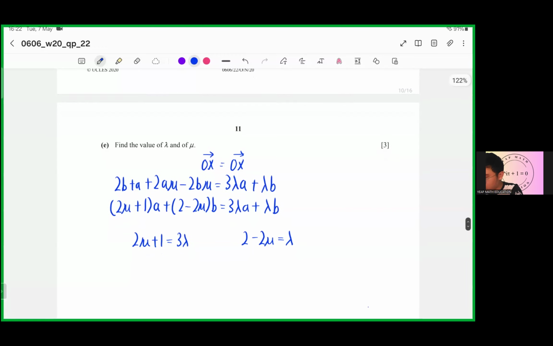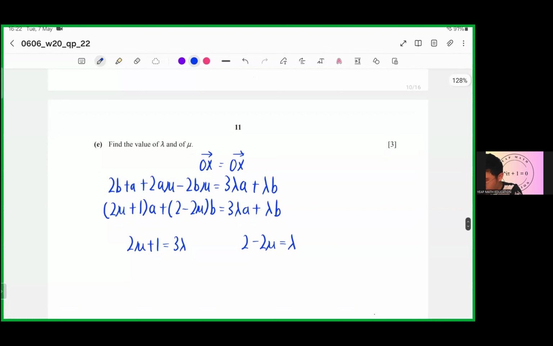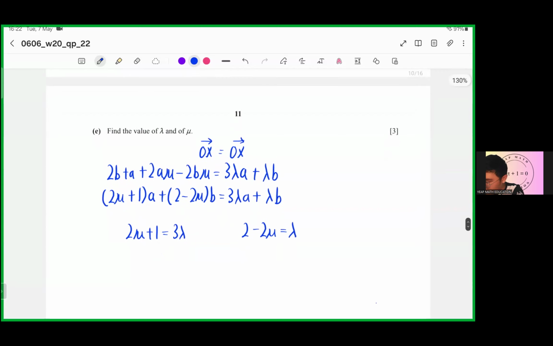Okay, now we continue. Now I can use the elimination method to solve these equations. This is first, and then 2 minus 2U equals lambda is second. So I can add first and second.